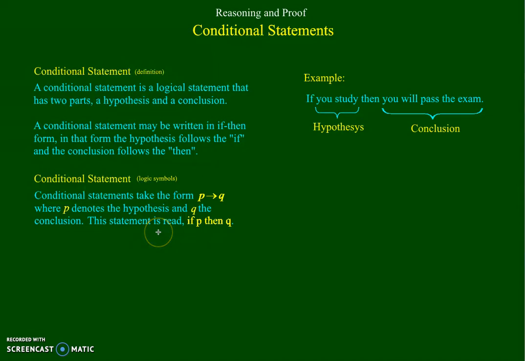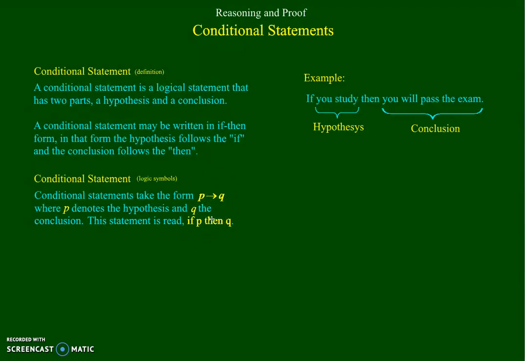Now there are various reasons for why we chose P and Q for the hypothesis and conclusion, but suffice it to say that those are the traditional symbols that we currently use, and leave it at that because it doesn't really add much to the discussion here. So if P, then Q. The arrow means then.